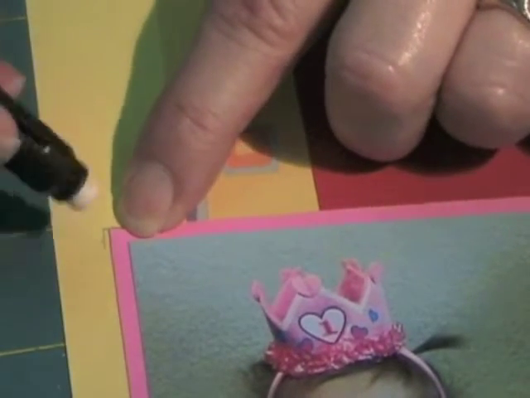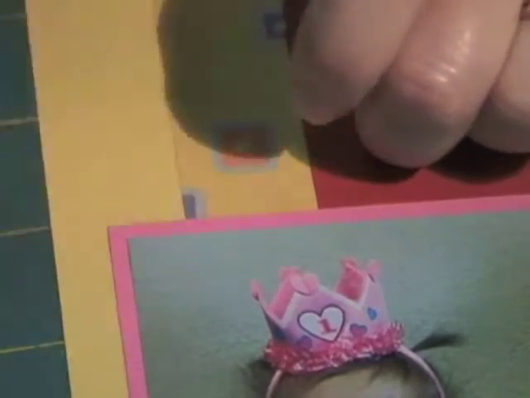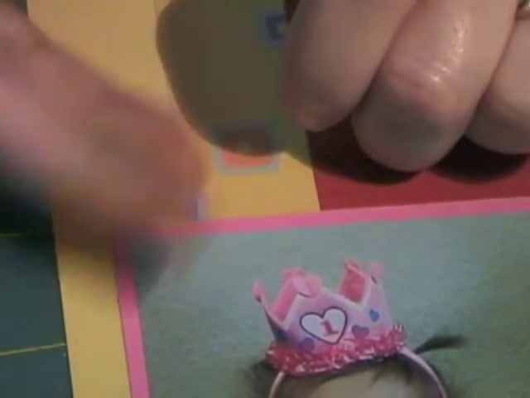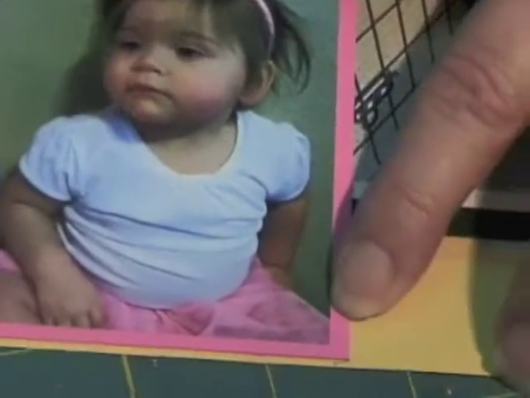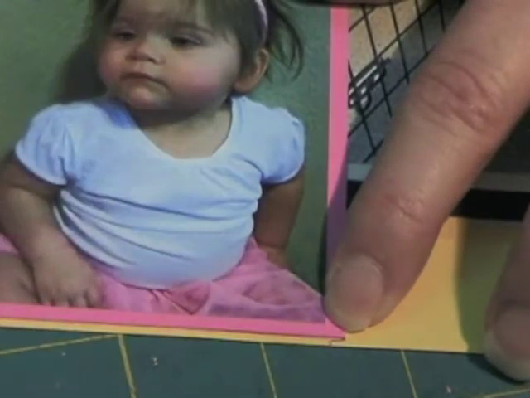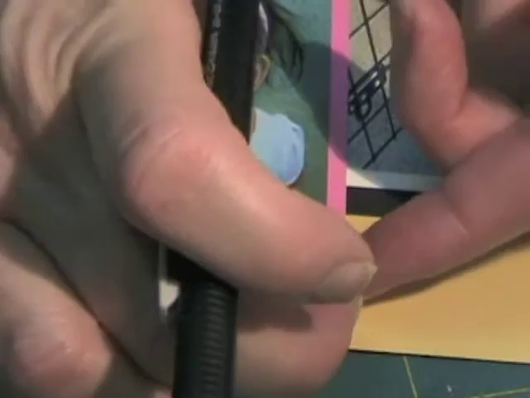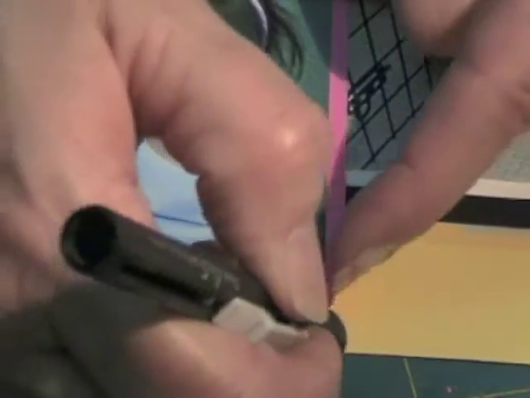So what I want to do here is just erase that there and make sure that's gone. And then I have another one down here. After I got this straight, then this little pencil line was no longer relevant. And I might need to raise that just a tiny bit.